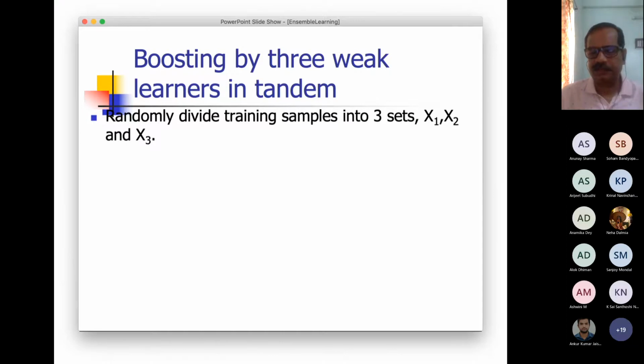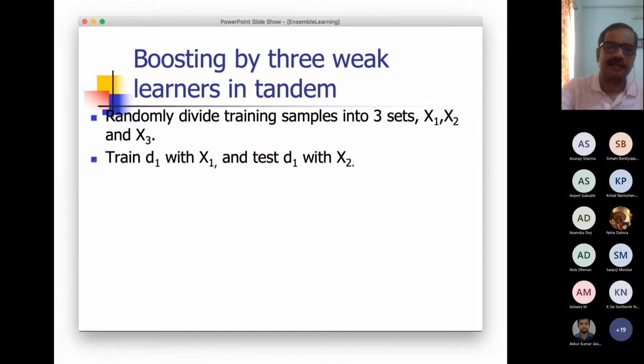Like for any motion, if there is an equal division, the chairperson's vote counts. Similarly, the third classifier acts like that. We'll see that in testing, we actually follow this policy.